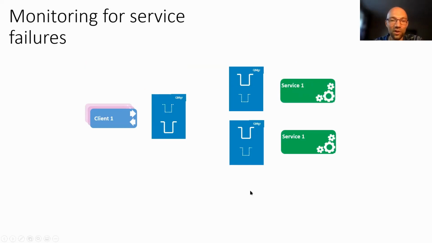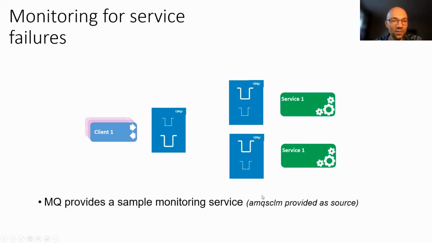So we want to try to avoid that situation happening, and the way of doing that is that you need to add some extra monitoring. So you need something outside of MQ to monitor for that situation and try to do something about it when it happens. Now you can put in your own method of monitoring and resolving the situation, but MQ does provide a sample monitoring service, which you can run on each of the queue managers where you have these cluster queues.